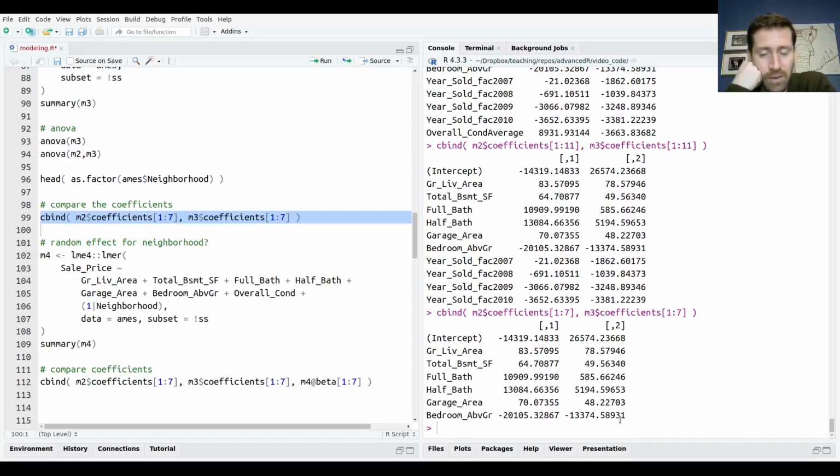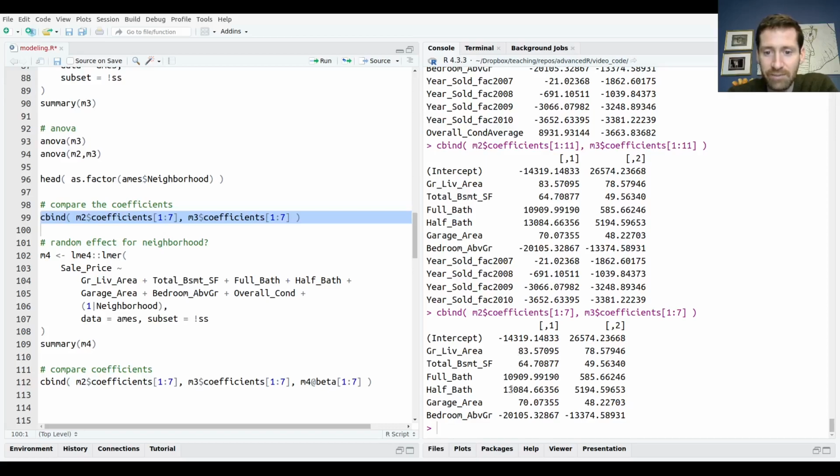The reason the numbers in this column tend to be smaller is that in this model you don't have neighborhood, which is clearly an important variable. So the way I interpret it, this model is trying to use these variables as a proxy for what neighborhood it's in. Bigger houses tend to be in better neighborhoods, so you're going to put a bigger coefficient on the size of the house.